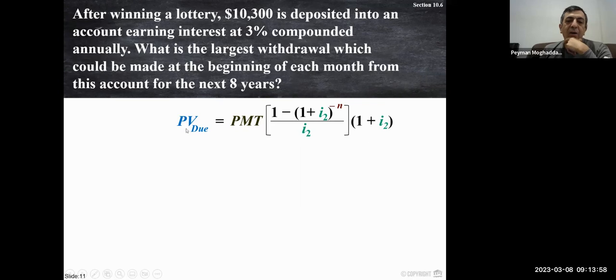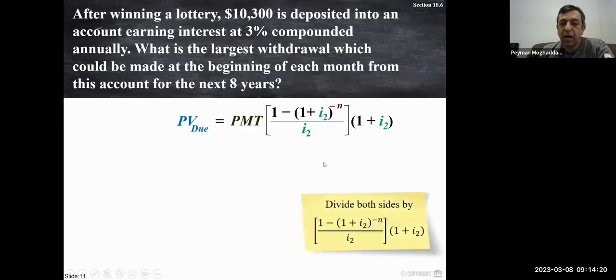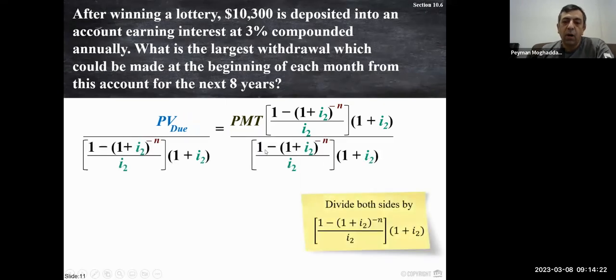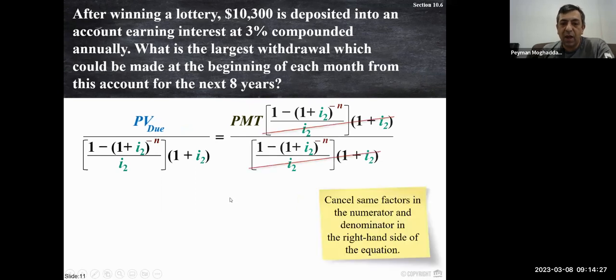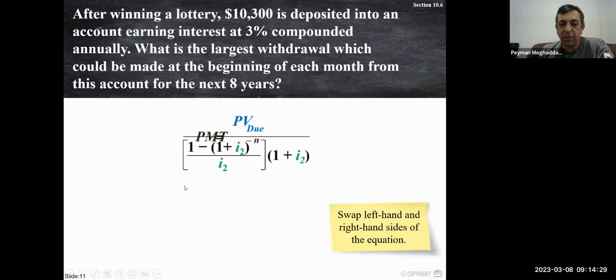The left side is 10,300, and on the right side we already calculated I2, and we have N. N is the total number of payments. How many payments do we have? 8 years multiplied by 12 months per year, which is 96. So we can either divide the whole thing by I2 and then use this equation.